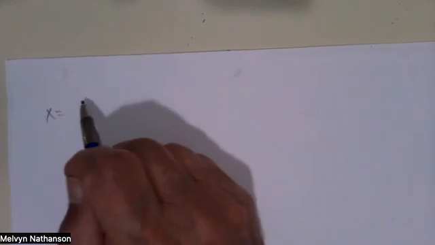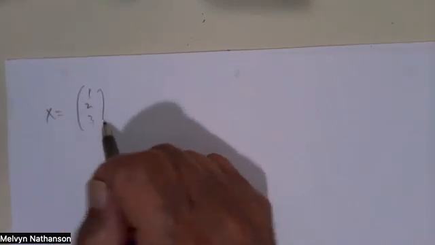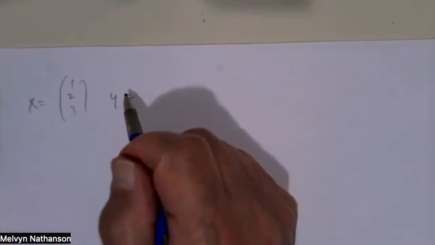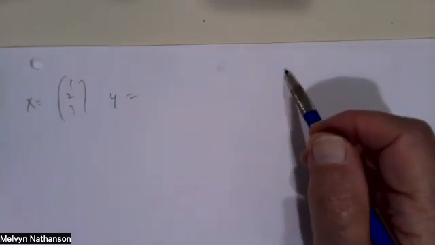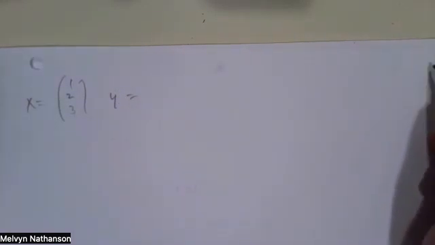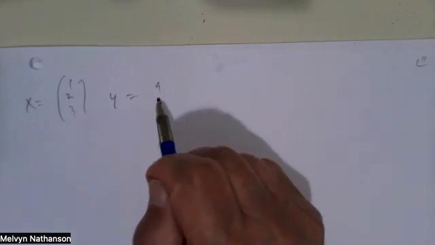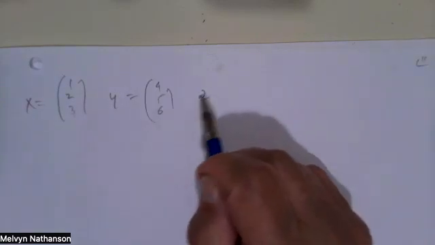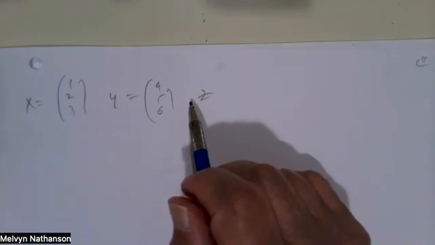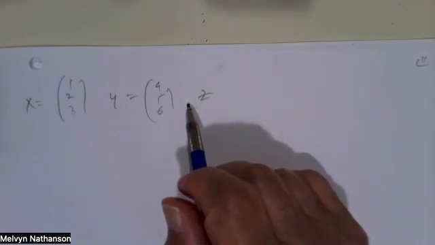Let me do an example. Suppose I take x is the vector 1, 2, 3. Suppose y is the vector 4, 5, 6. Suppose z is the vector 7, 8, 9.